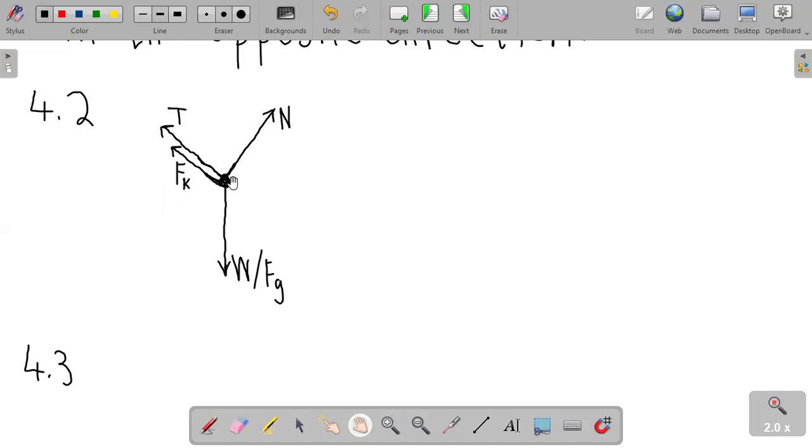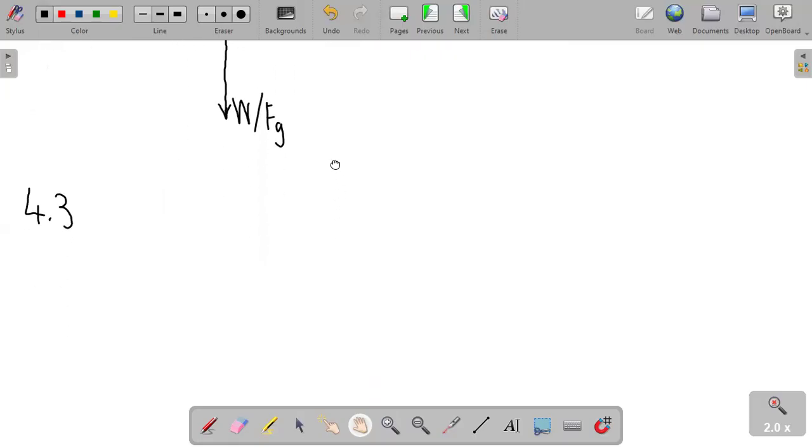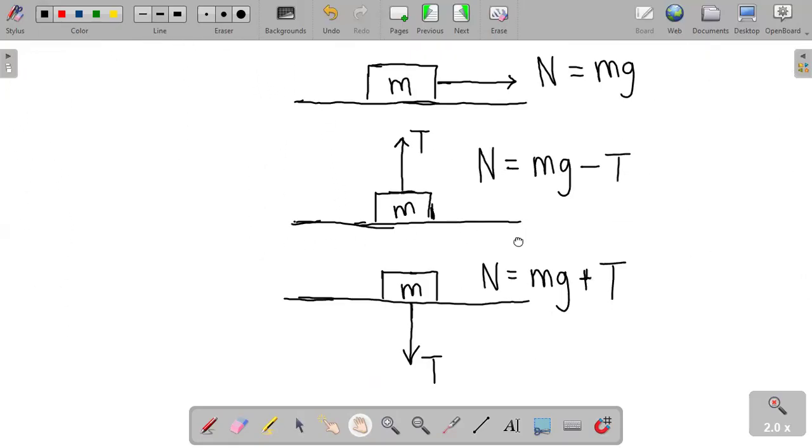If object B is going down, the frictional force will go up, because it's always opposite relative to the motion of the object. Okay, let's go to 4.3. What are we required to do here?